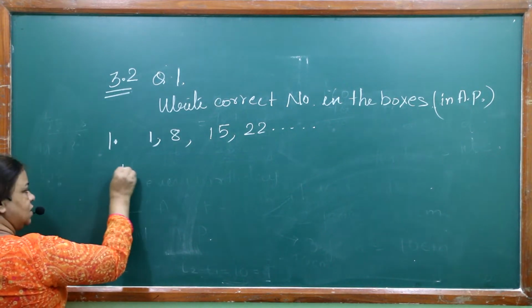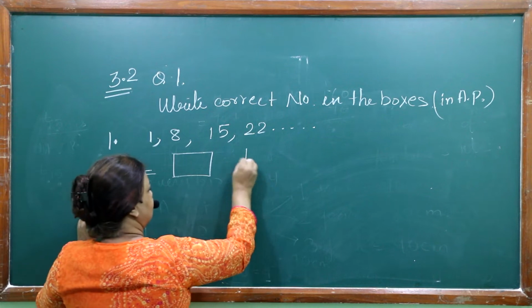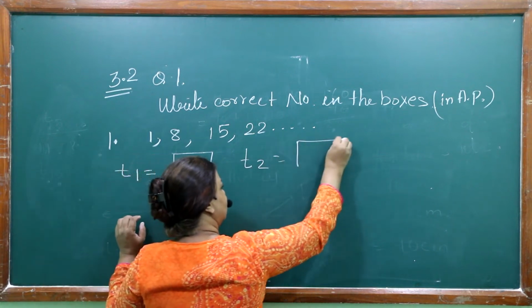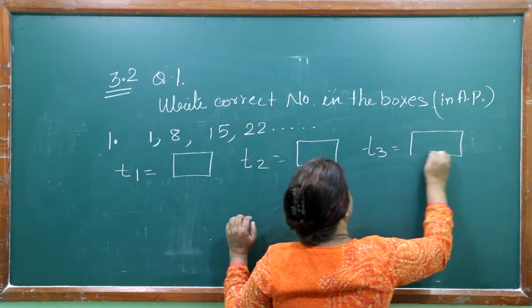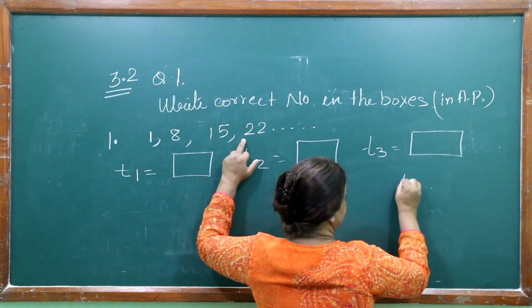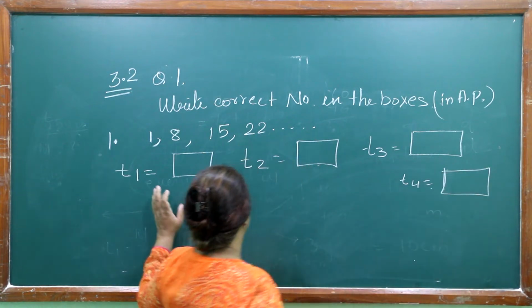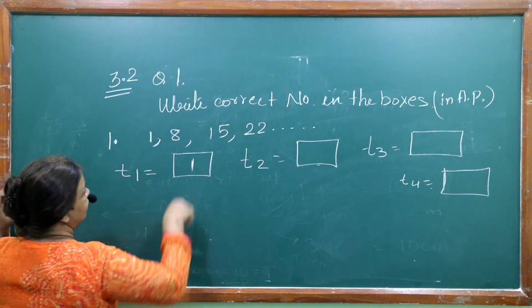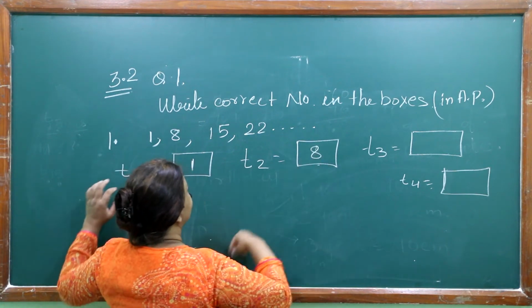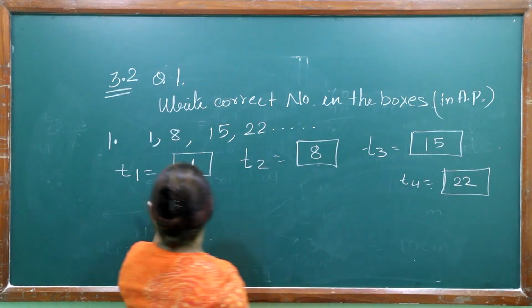So the boxes are T1 is equal to, you have to fill, T2, T3 and T4. Yes children, what will be the answer? I hope everybody knows it. Yes, correct Yola? 1, 8, 15 and 22.